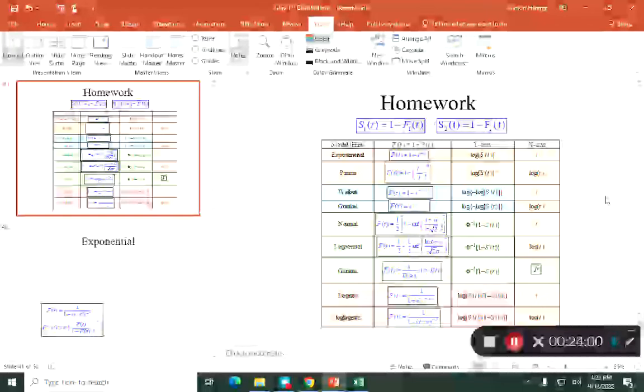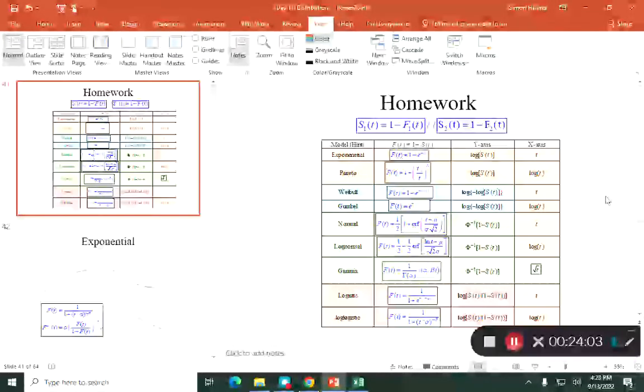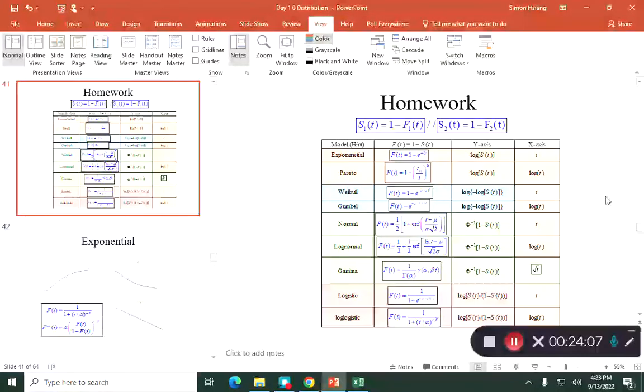In exponential distribution, we consider that it's no memory, so it's a constant. But if it increases, means what? It's increasing more than constant. So the exponent becomes greater than 1. But if it drops, kind of like decaying, drops below 1, you will have the less than 1 shape parameter.